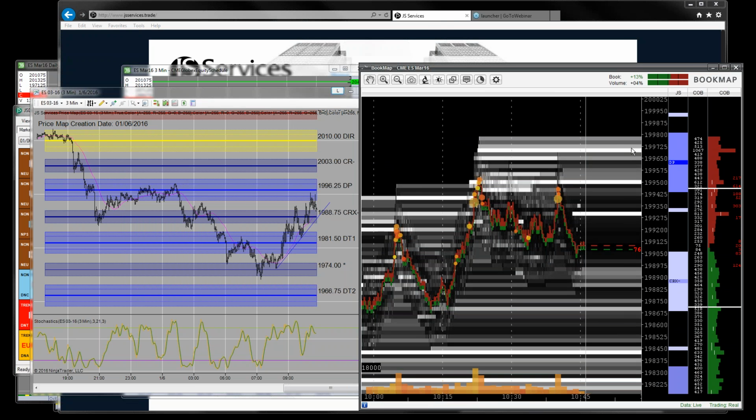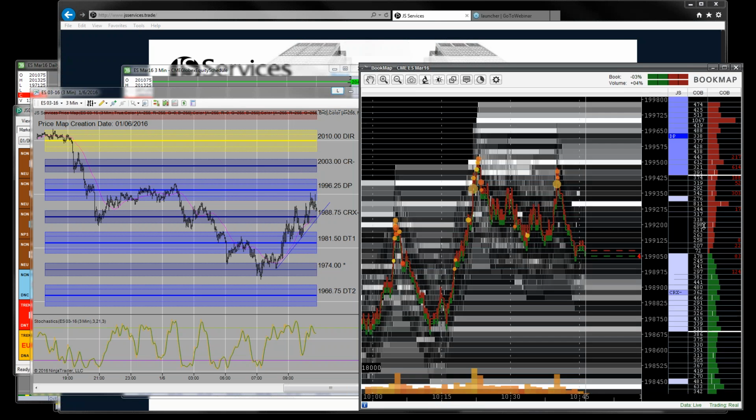I also use it to help me with my stop placement. I'll look at where the paper is in relationship to the price structure, and where that price structure is within the market structure metrics. And if I had resting paper above that price, well then I'm going to put my stops above that.